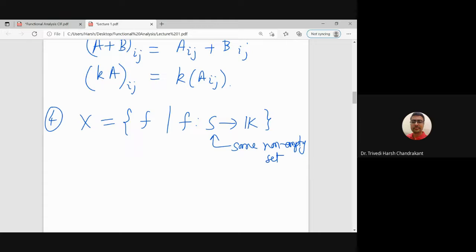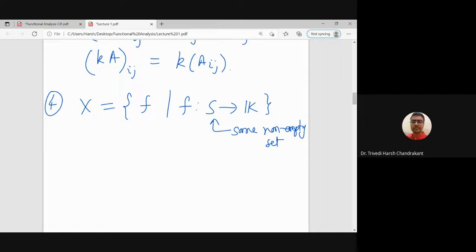So X is the set of all functions from a fixed non-empty set S to K, where K is either the real numbers or the complex numbers. In this case, how do we define addition?